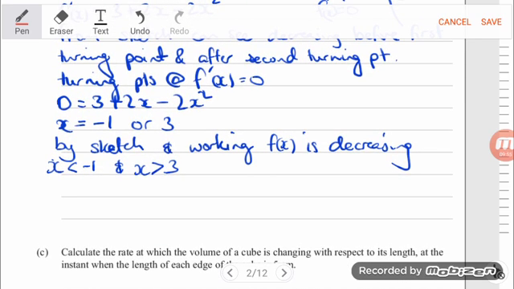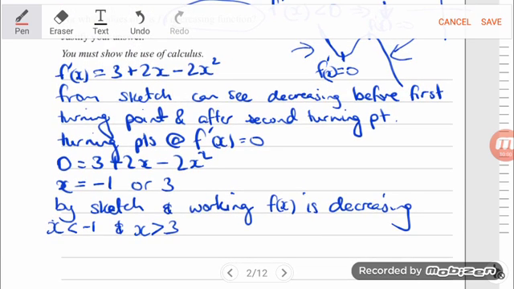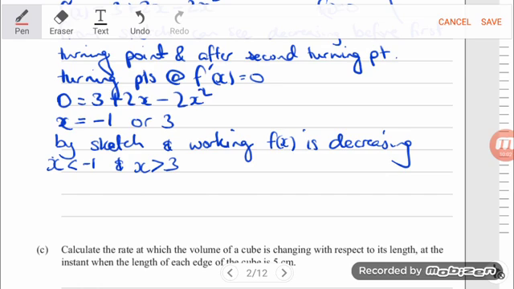If you wanted to be more rigorous in this and prove it by using calculus, then what you can do is all this working to find the turning points and do yourself a little table. Here we've got x. We want before and after x equals negative 1.